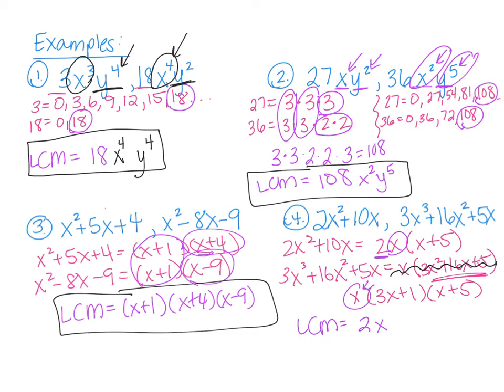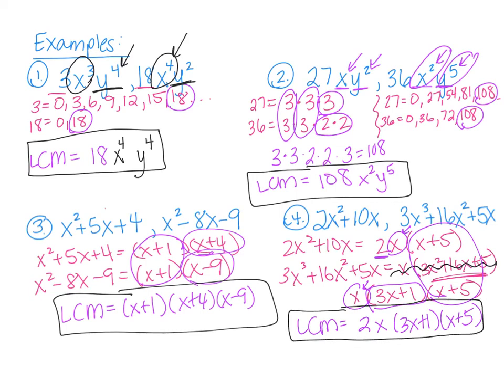They're both exactly the same, so it doesn't matter which one I pick, it's just going to be an x, right? If one was an x cubed and one was an x, I'd take the x cubed, right, the higher of the two. Right, now I need to list my factors. So I have a 3x plus 1 that I need. And I only need to write that x plus 5 one time. Right, so my LCM would be all of this here.